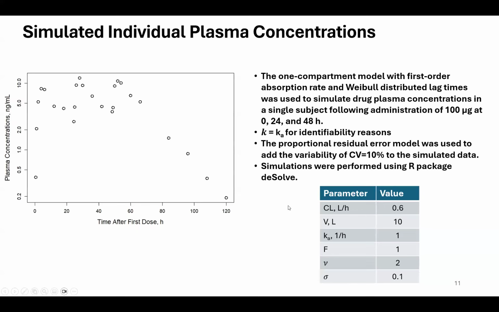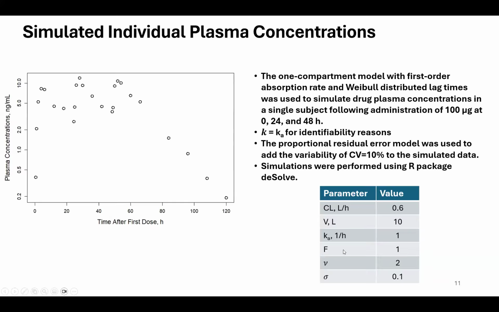But basically, this reduction of model parameters is actually required to be able to estimate the shape, the rate parameter or scale parameter of the distribution. So basically, I'm using the absorption rate as a rate parameter, and that pretty much resolves the issue with the identifiability of that second parameter of the delay distribution. So these are the parameter values that I use for simulations.